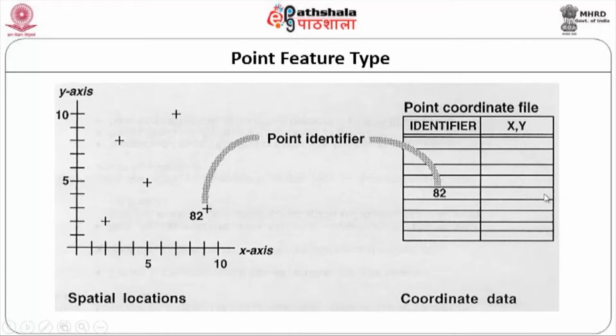When I retrieve the data, for this particular ID, the xy value will be plotted here. When I pick a point here, its xy value is stored here. When I retrieve it, this xy value is retrieved and put back in the same position. So that's the beauty of that.